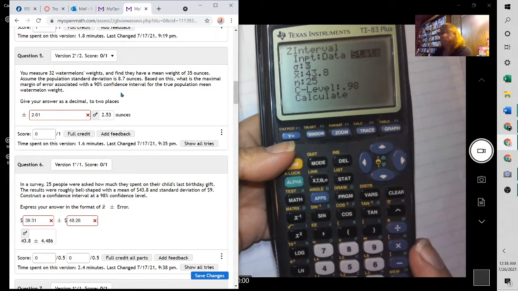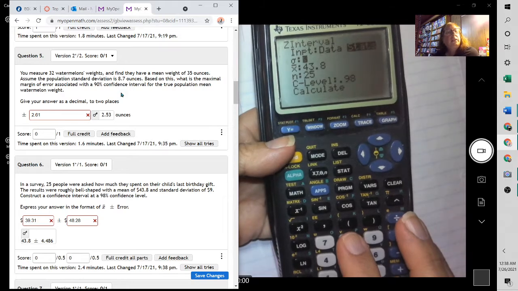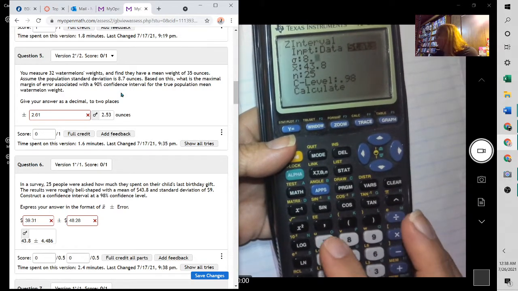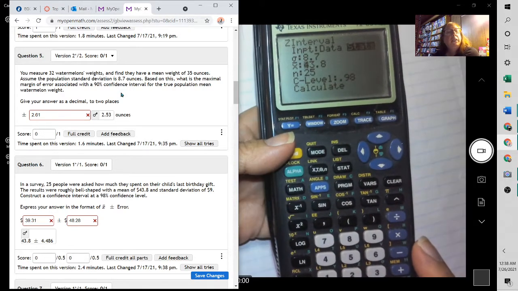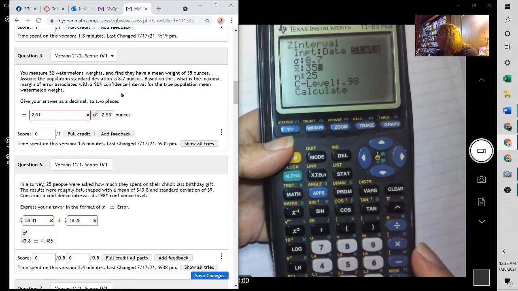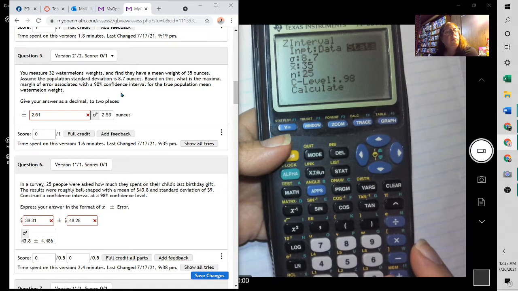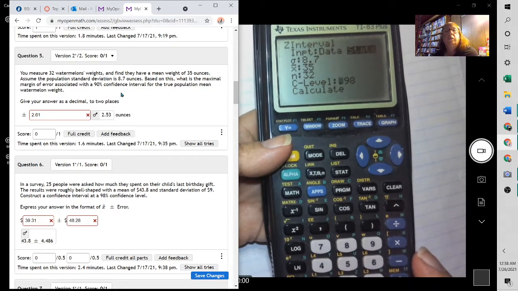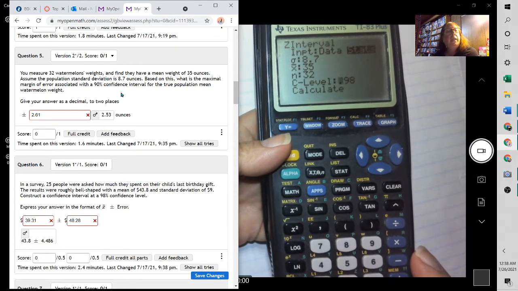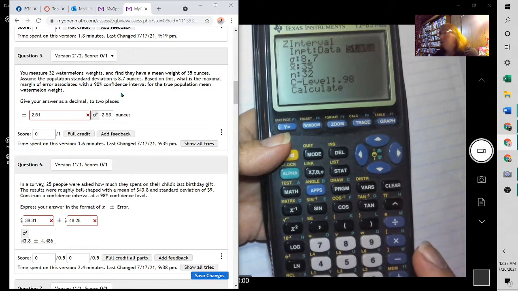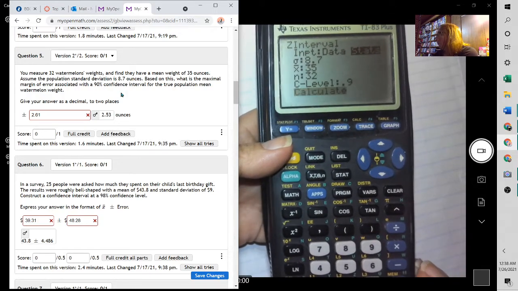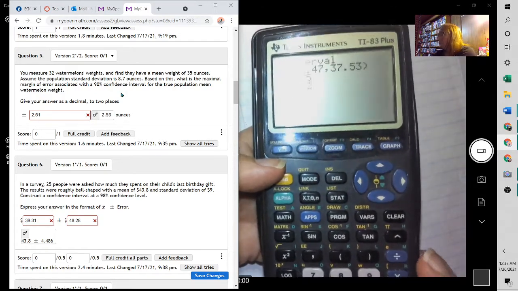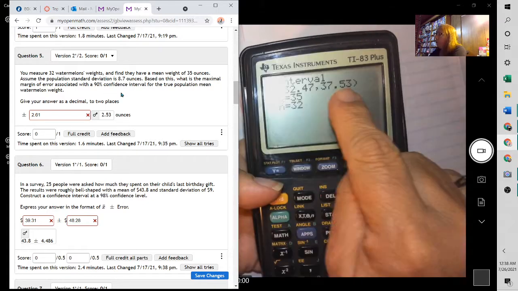Okay, so the standard deviation is 8.7. The mean weight was 35 ounces, and our sample size was 32. And we wanted a 90% confidence interval. So this would be our interval.